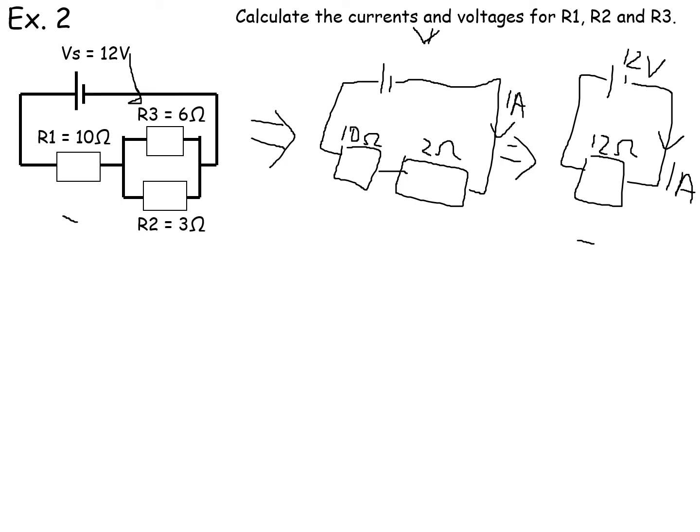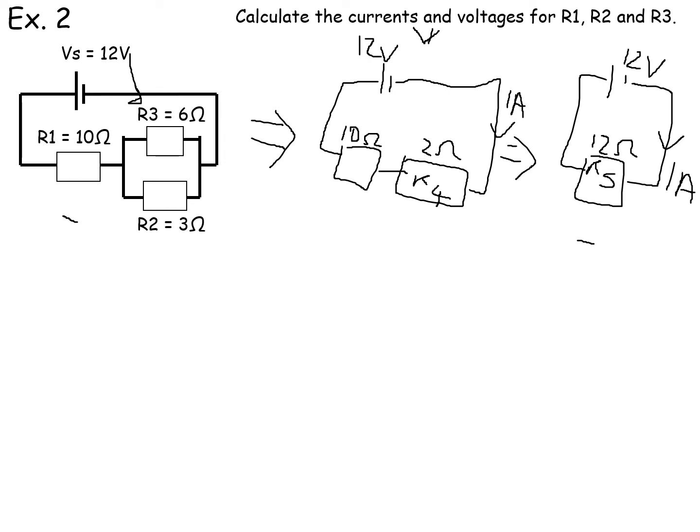What's the other thing I could work out? Well, I know it's still 12 volt supply. So the only thing missing here are V1 and this V here, isn't it? Normally if I'm changing this, I should really say that earlier, this is now R4, because it is technically a different resistor, and this is now R5.